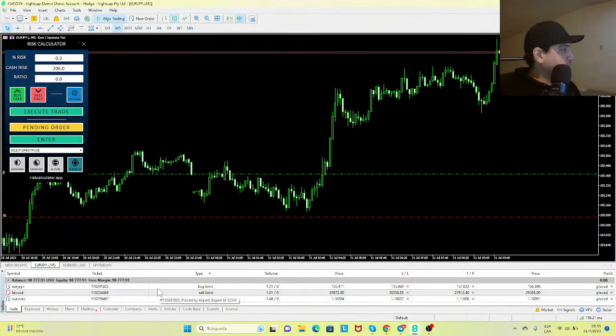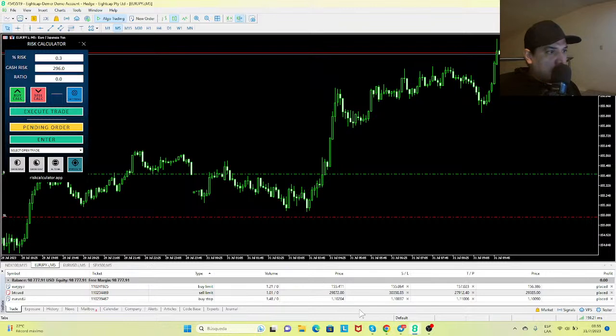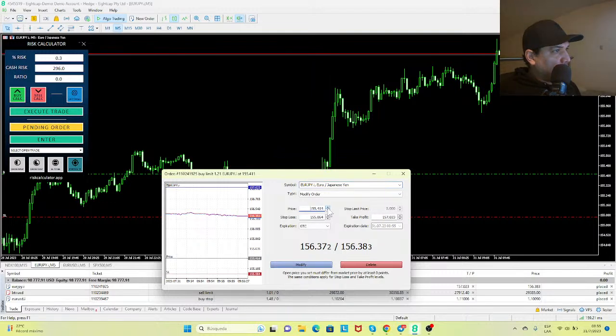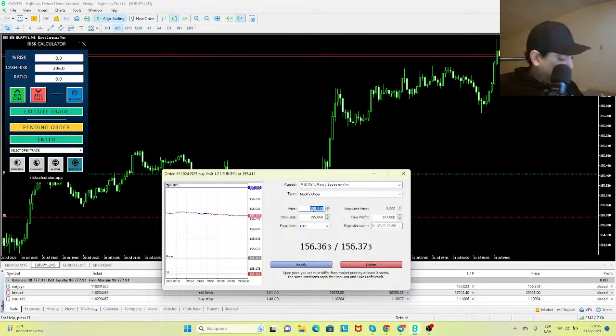Toolbox. Euro yen. So that's here. I'm gonna go 155, 60, and 157. All right.